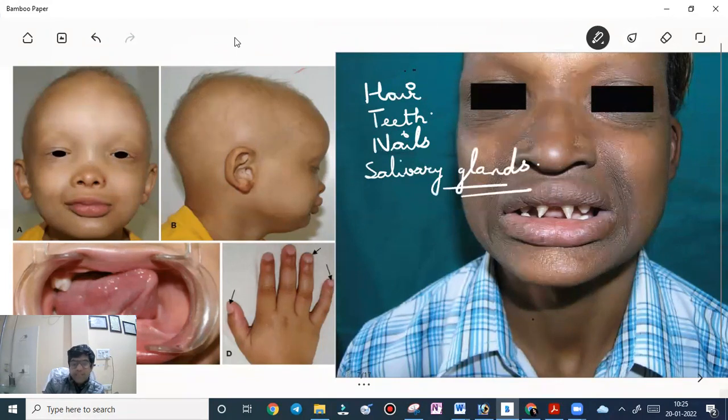So knowledge is power. Now you know something more than that is required. You know these structures are derived from ectoderm.